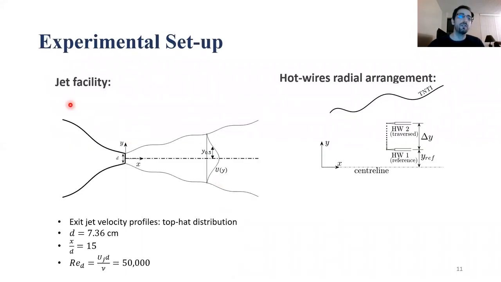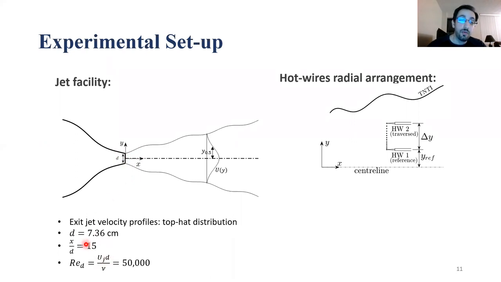To answer these questions, we conducted a series of measurements in a jet facility located at Queen's University. The jet velocity profile is top hat, so the jet is laminar leaving the jet nozzle, and because of the Kelvin-Helmholtz instabilities, it transitions to turbulent.